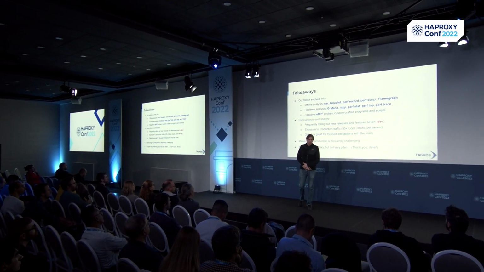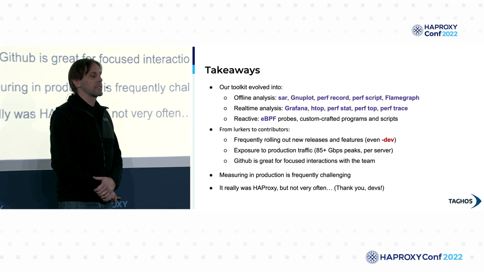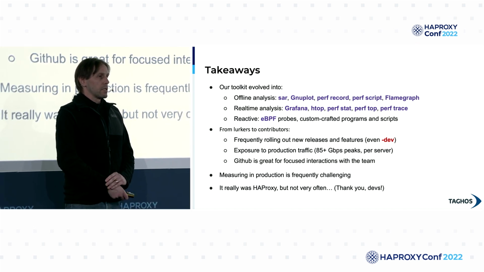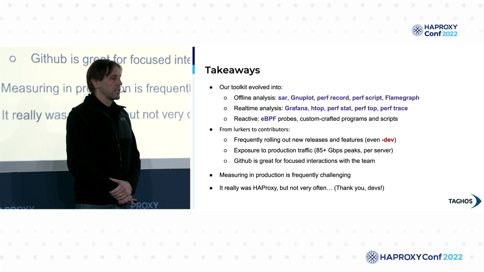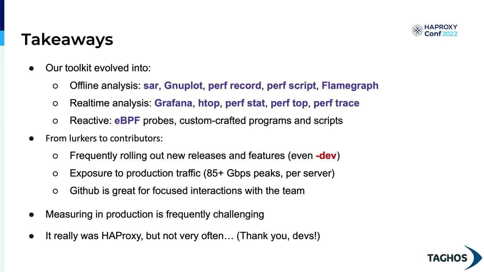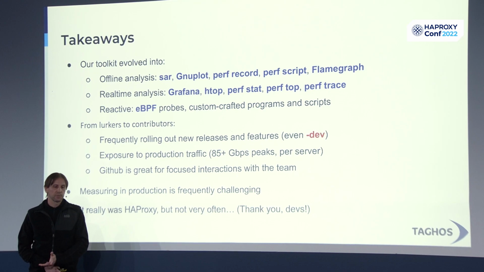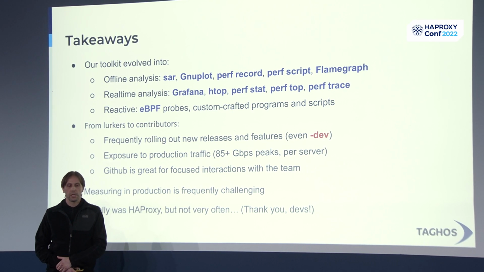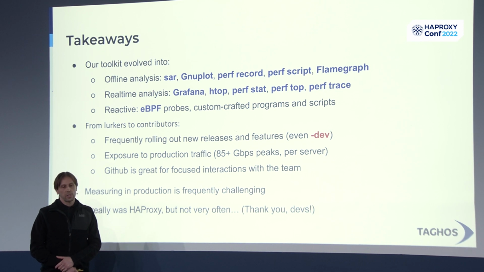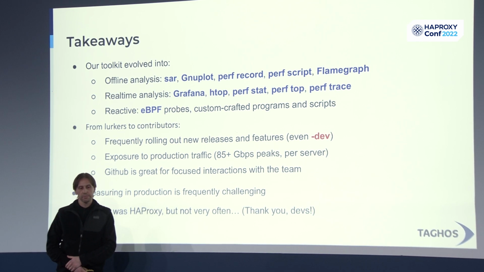So to recap our takeaways, throughout the years using HAProxy, our toolkit quickly evolved to a large set of tools. Some of them we use only for offline analysis, such as SAR mixed with gnuplot, perf record, perf script, and flame graph.